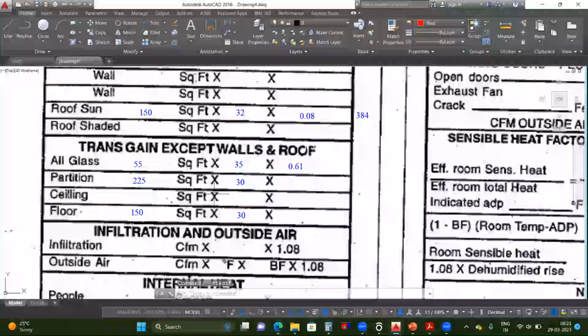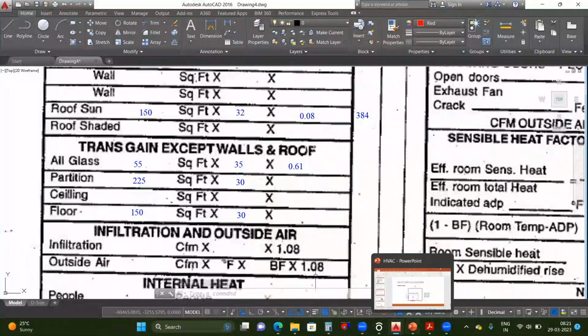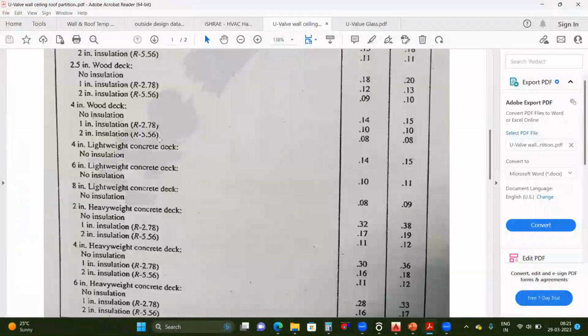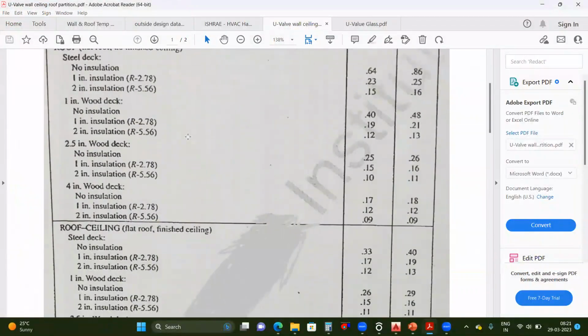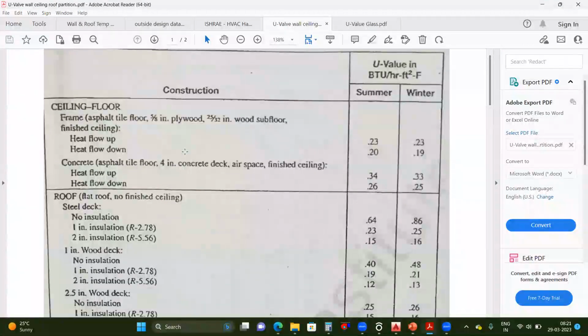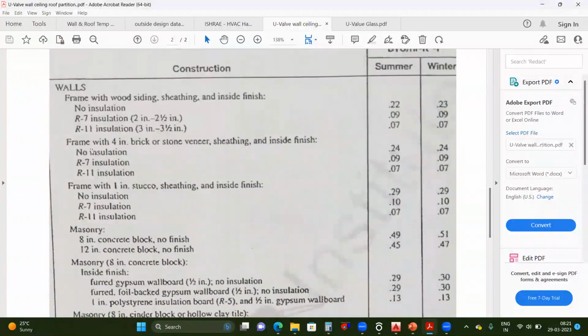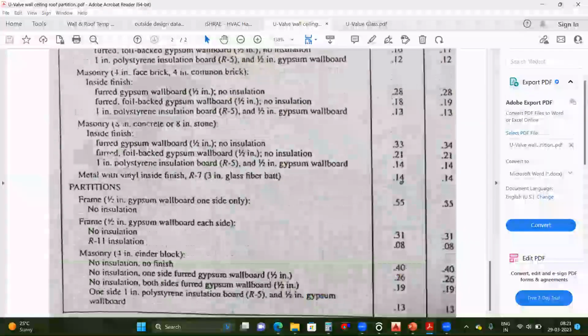Okay, so next one is the partition value. For partitions we need to go for a different U value. So this is the sheet for partitions, for the walls.